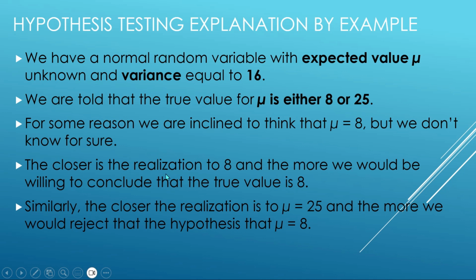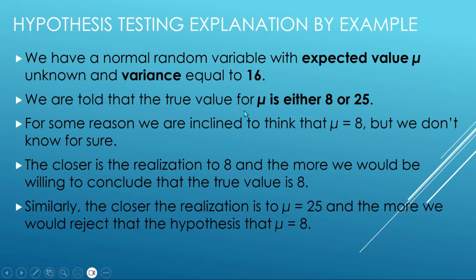The closer the realization is to 8, the more we would be willing to conclude that the true value is 8. Similarly, the closer the realization is to mu equal to 25, the more we would reject the hypothesis that mu is equal to 8.